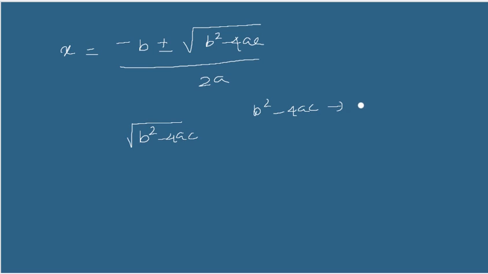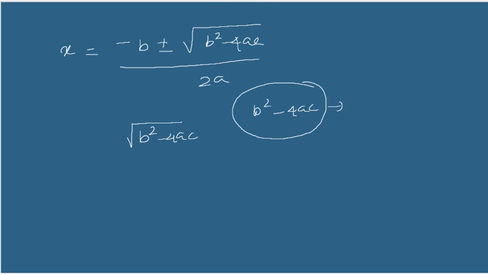This is very important. We will discuss this topic later, when it comes to the nature of roots. For now, just remember this is called the discriminant, b square minus 4ac.